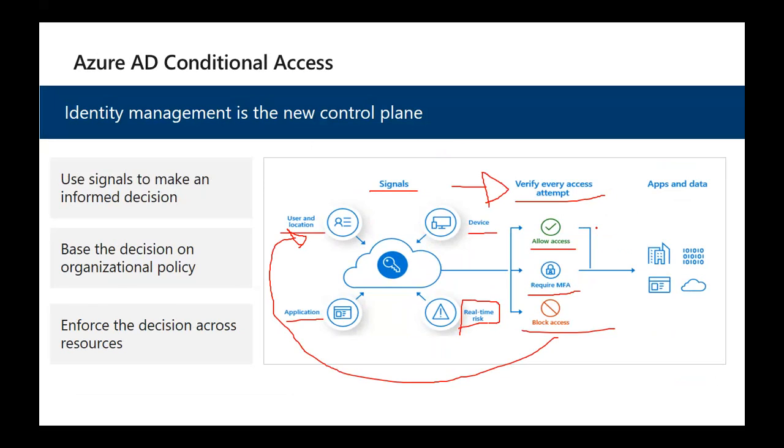And finally, if we authorize the access, the user is going to be able to access, in a hybrid environment, on-premise resources, cloud applications, our organizational data, or also the Azure portal.